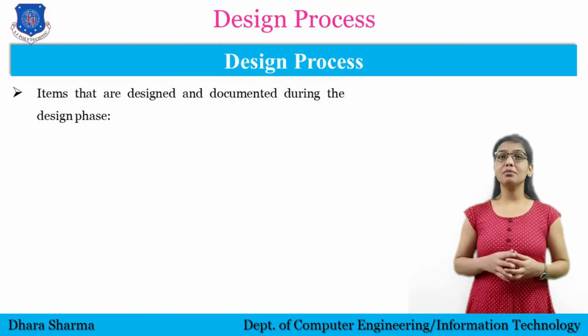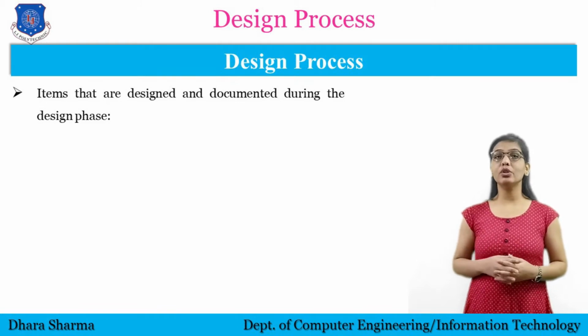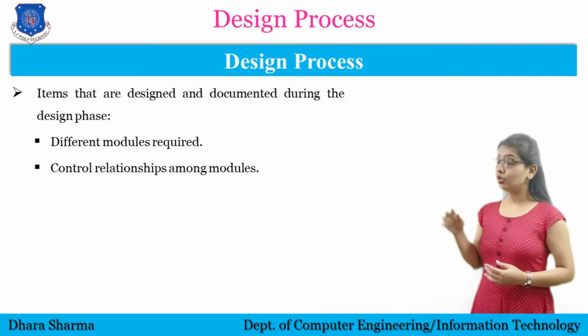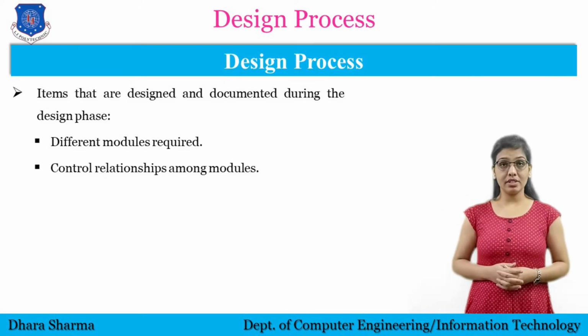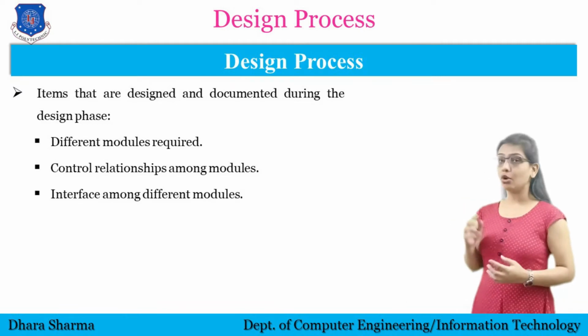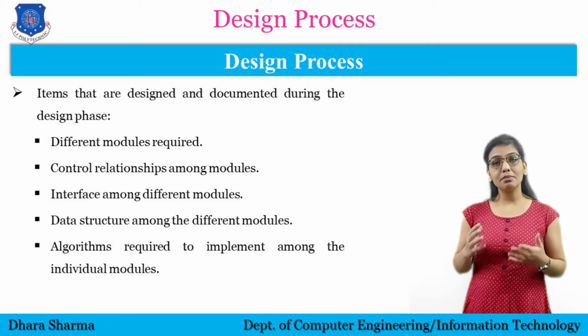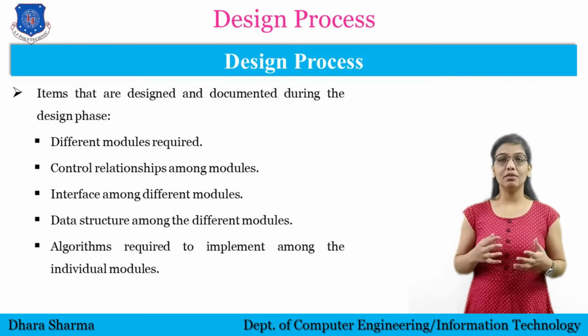There are some items that are designed and documented during the design phase, which are the different modules required, control relationships among the modules, interfaces among different modules, data structures among the different modules, and algorithms required to implement the individual modules.